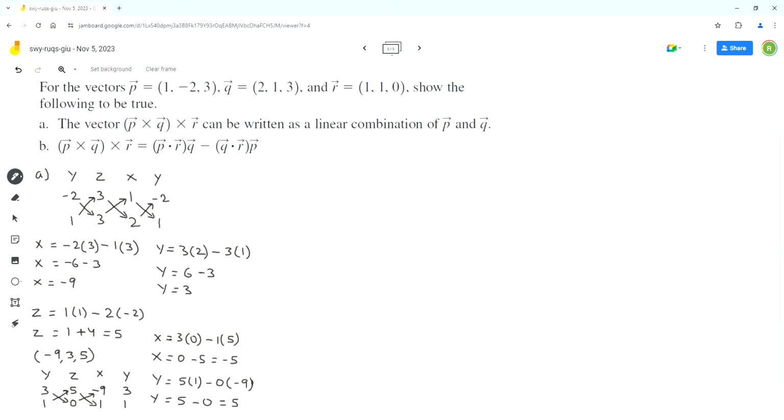Now we can find the z component, and for that we should cross multiply the x and y components. So we start with negative 9 times 1 minus 1 times 3.